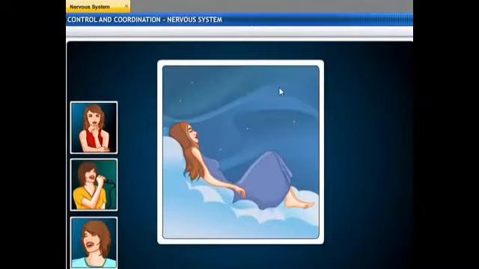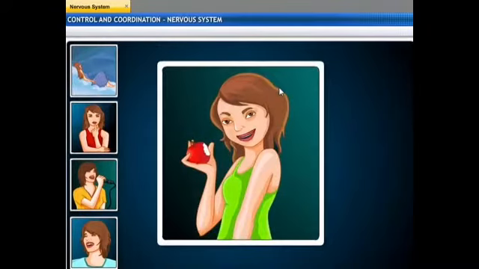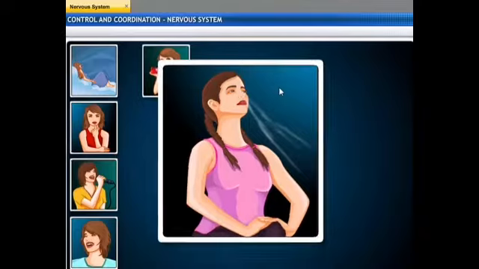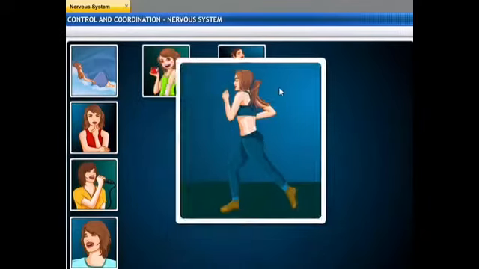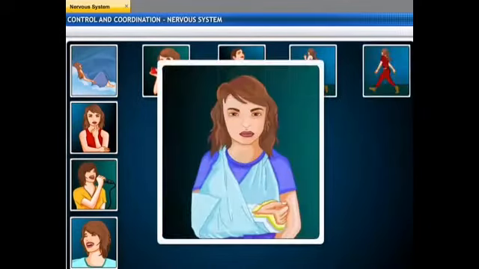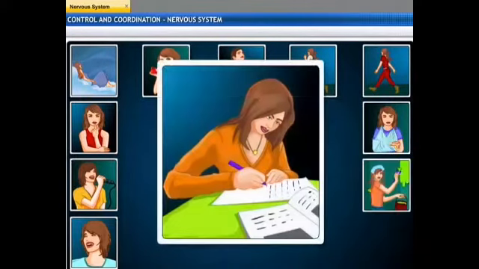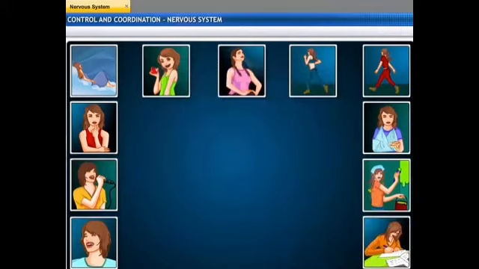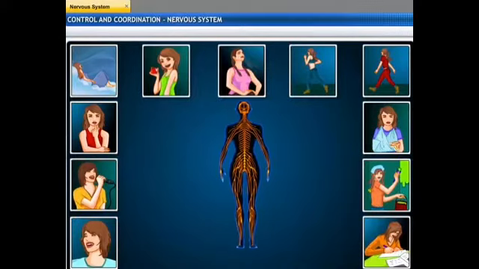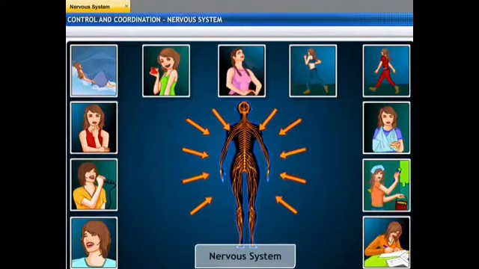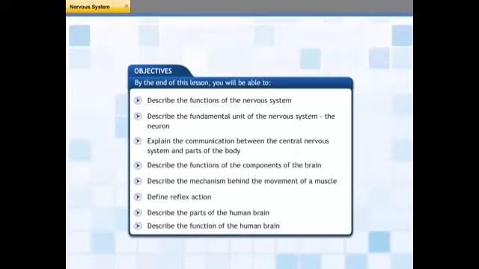Various activities that we perform in our day-to-day life, like touch, walking, sleeping, and various other activities that we observe and do, happen because of the control and coordination of the entire body by the nervous system.